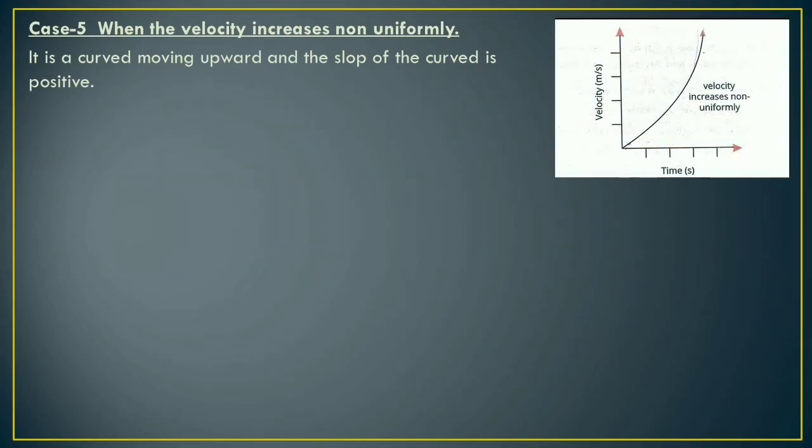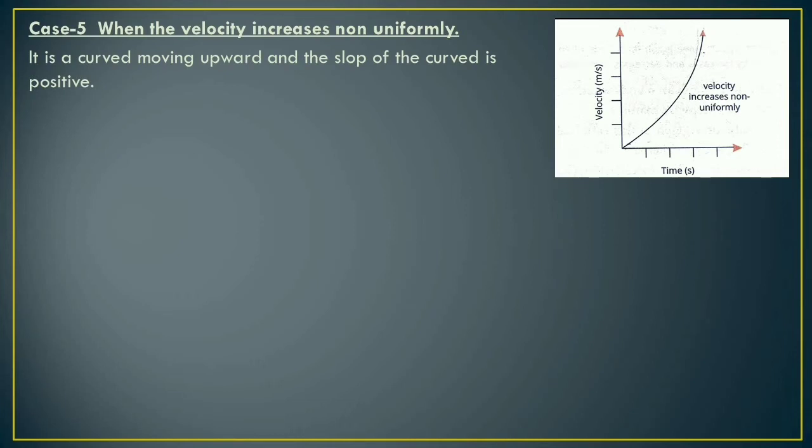That means the body is under non-uniform acceleration. Clear? If it is increasing, it is acceleration, not retardation, but non-uniform acceleration. You can see it in the first graph: when the velocity increases non-uniformly, the acceleration of the body increases with time.